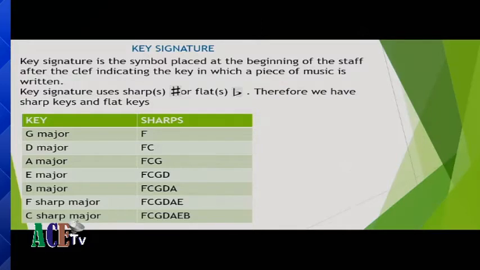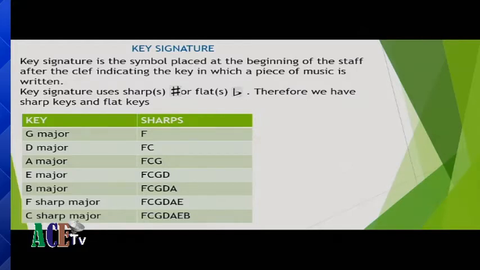The flat looks like the letter B. So that is the symbol for a flat. Those two symbols are used for constructing your key signature. It can be one and it can be more than one. It depends on the key in which the music you are dealing with is written.